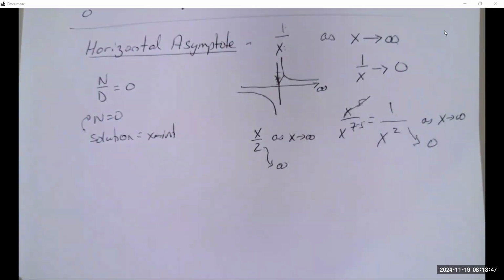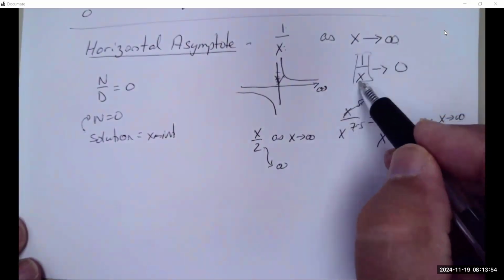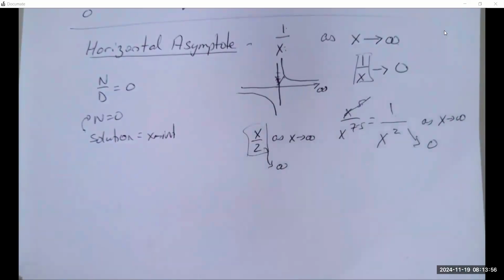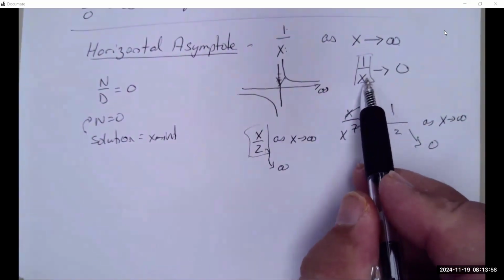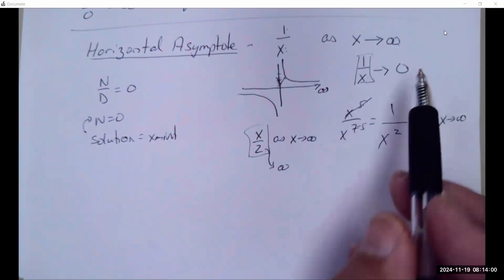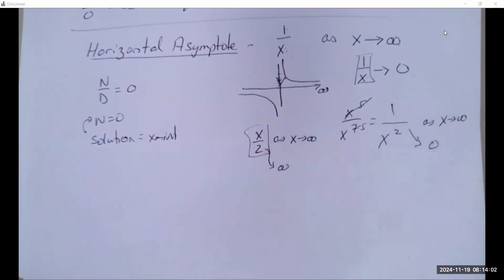It still gets bigger, even though it's divided by 2. So it's going to infinity. You see the difference between this one and this one? When there are more x's on the bottom, it goes to 0. If there are more of them on top, it goes to infinity. That's what the horizontal asymptote is defined by.